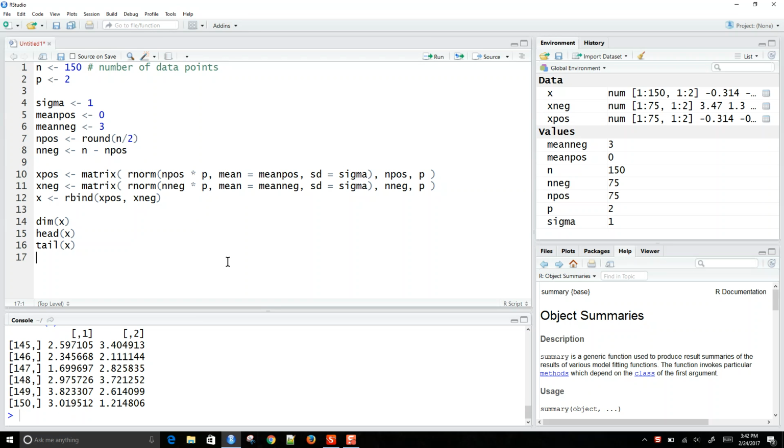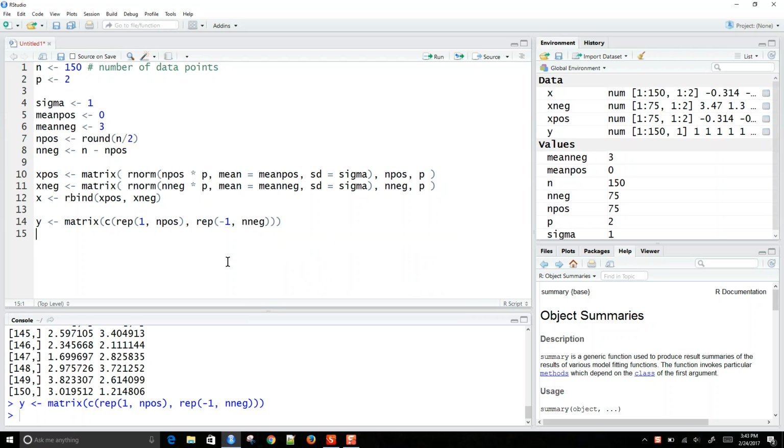For our labels, the first 75 are going to be positive and the last 75 negative. I'm going to repeat positive 1 75 times, then repeat negative 1 the remaining number of times, and throw this into a column vector.